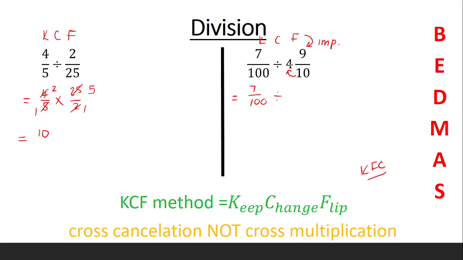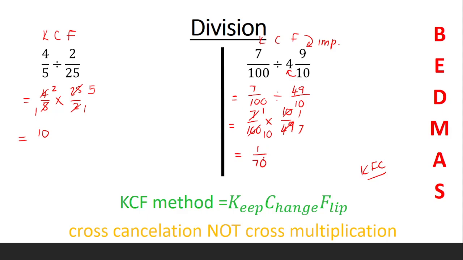So it'll be 49 over 10. And then we're going to keep, change, flip, and then we're going to see, can we cross cancel? Yes, 1, 7, 10, 1. So that's just going to leave me with a 1 over 70.